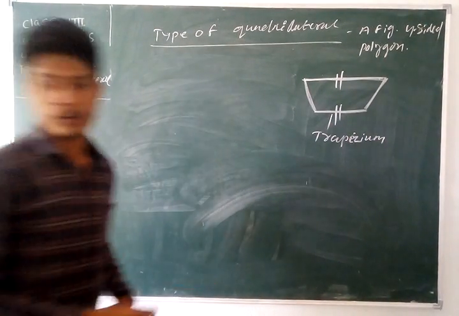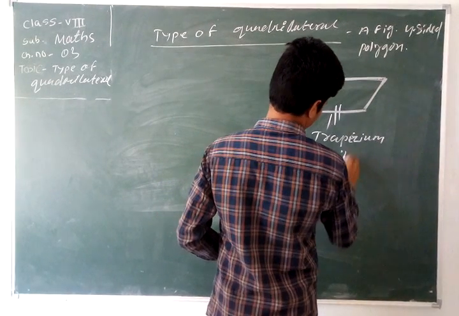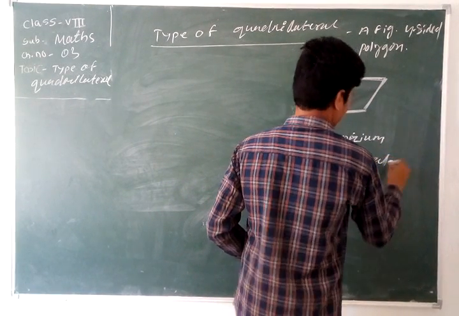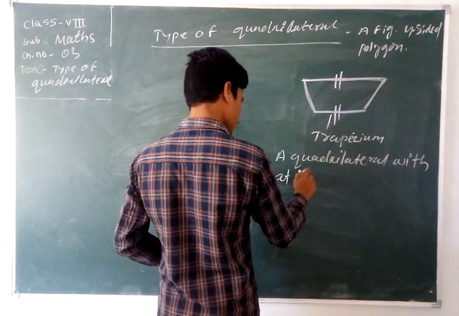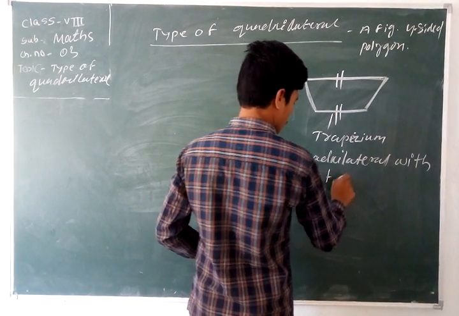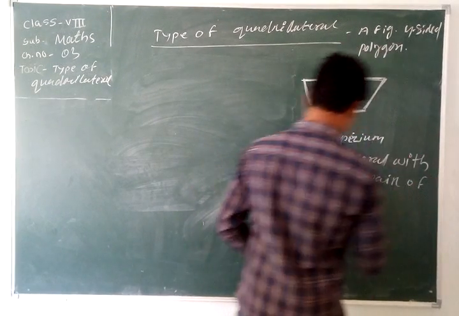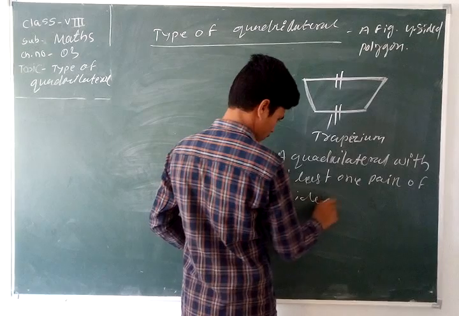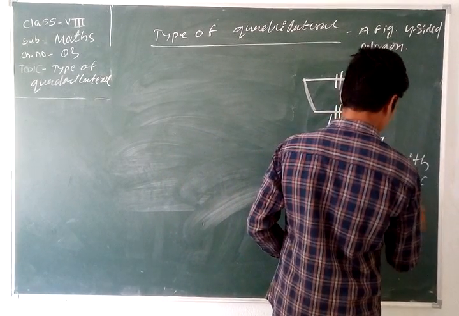Trapezium means a quadrilateral with at least one pair of sides parallel. Okay.